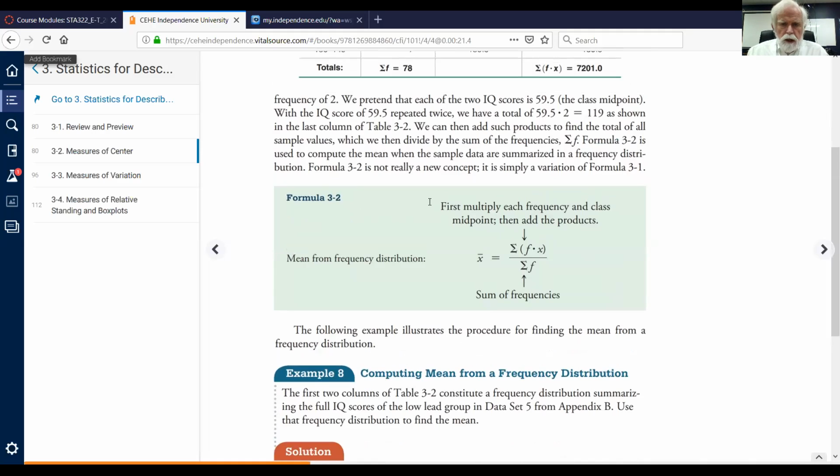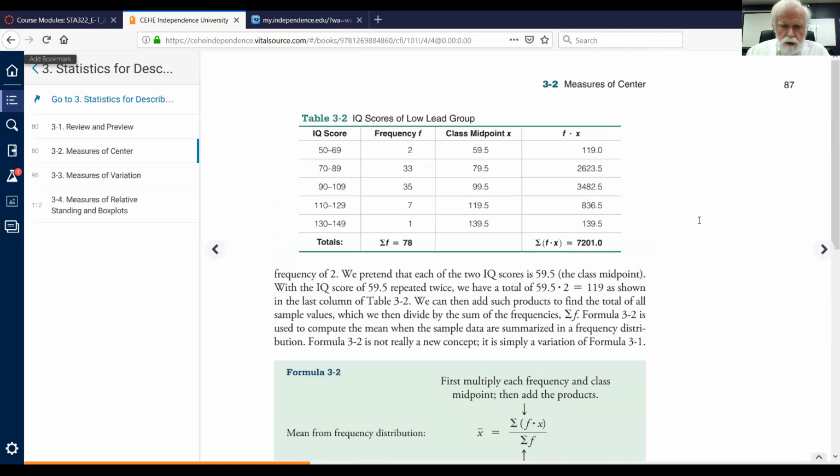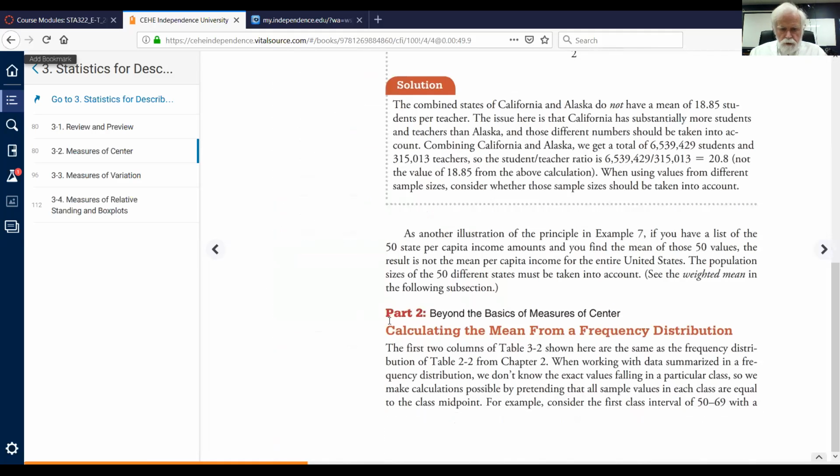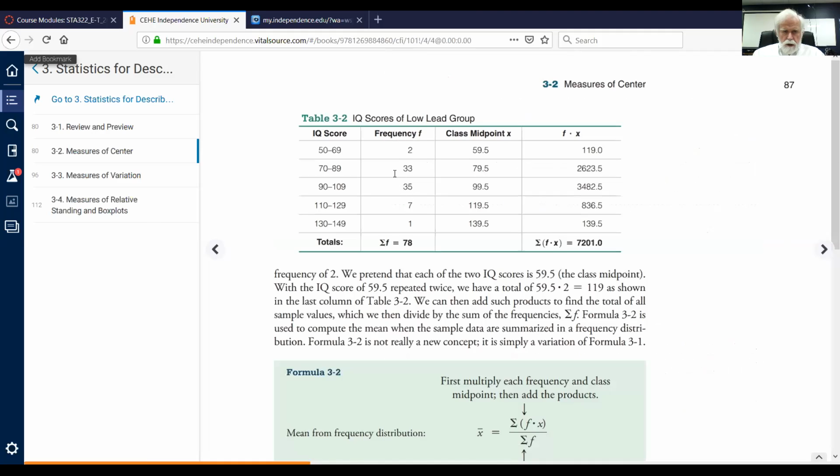the frequencies. So we're dividing this number, 7,201, by 78 to look at the frequency distribution. The mean from a frequency distribution can be done as well. We do this by weighting each of those frequencies and then dividing. It's possible to do the weighting by looking at the number of appearances and the midpoint.